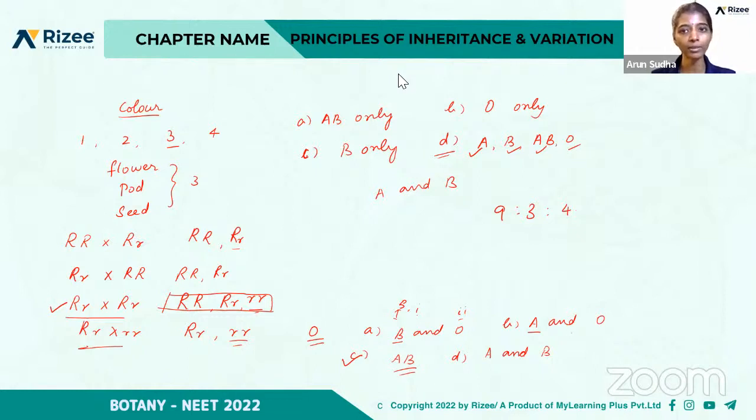When they are together, they will produce an effect, but when those alleles are alone, they do not produce any phenotype. So the correct answer is option A, complementary gene.